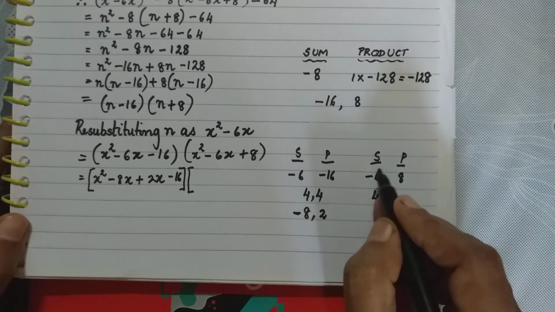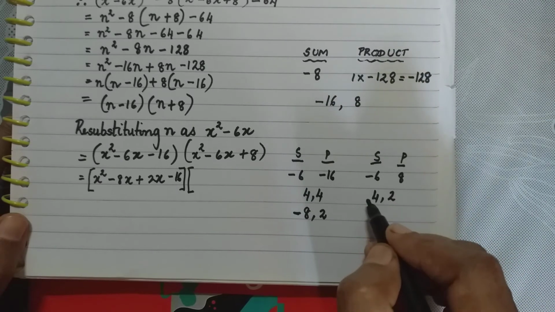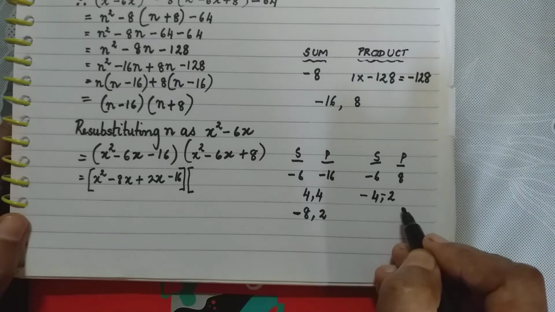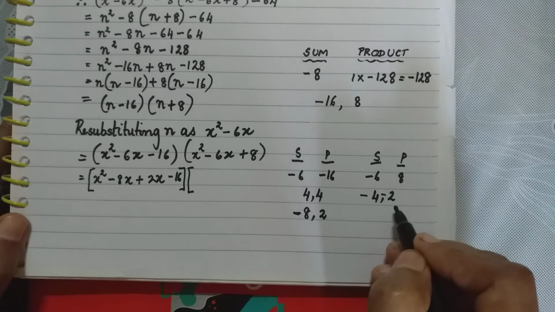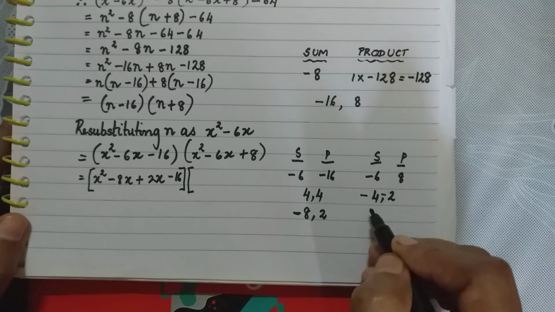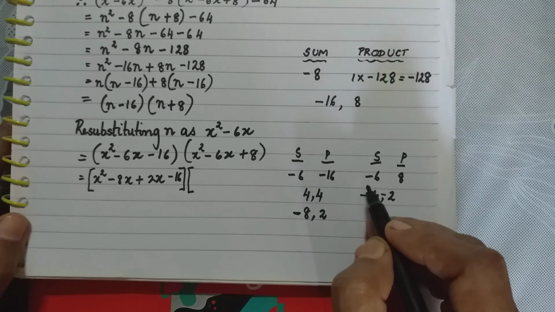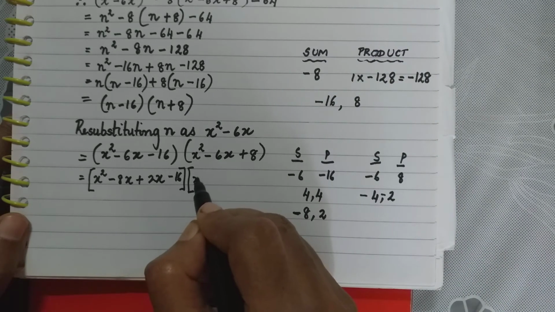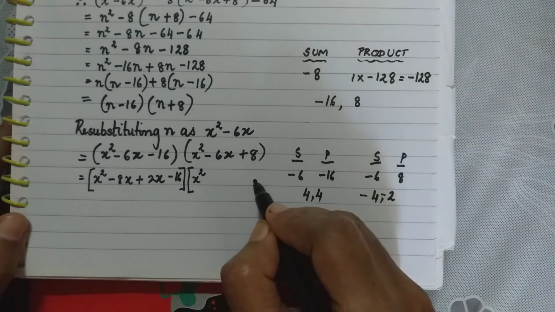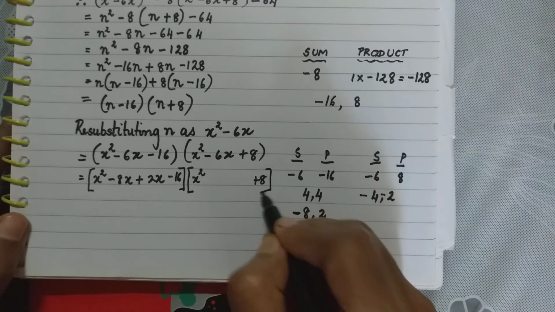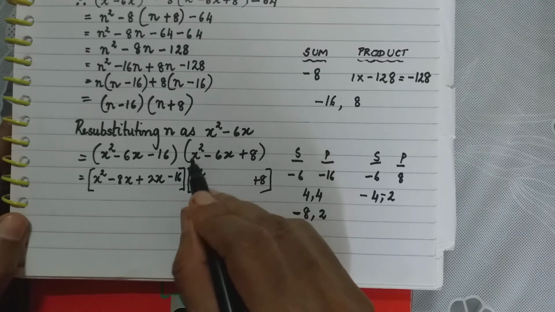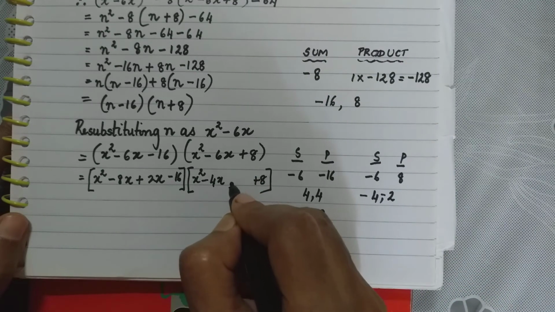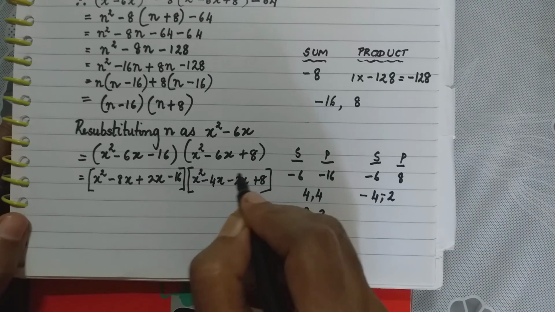So if both are plus, we can't get the sum as minus. That means both should be minus. So minus 4 and minus 2. Minus 4 into minus 2 is plus 8. Minus 4 plus minus 2 is minus 6. So the first term we can write as it is. The last term we write as it is. And this middle term, which is minus 6x, can be written as minus 4x minus 2x.